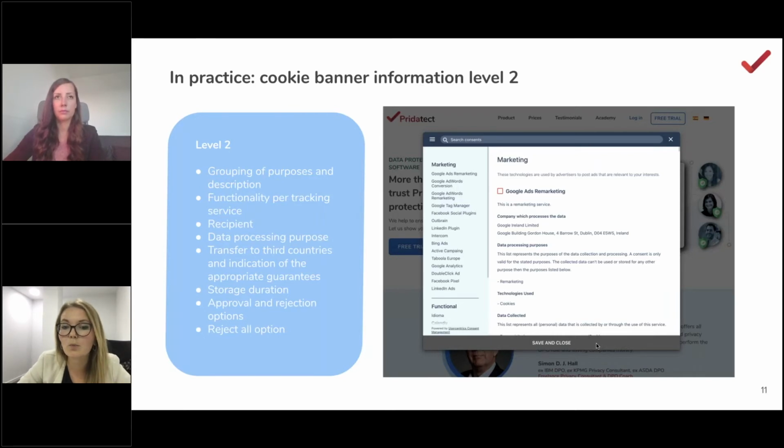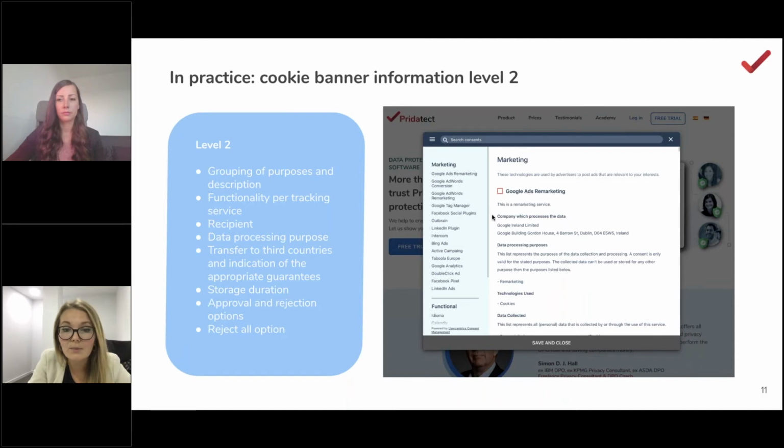This is the one that opens once I'm picking more information. And here I do have different groupings of purposes of cookies that are being set. For example, here I do have the marketing cookies that are being set and also functional below, and the other categories are being described. Then I can see each individual cookie and tracking service that is being used by the website or can be used by the website if I accept that.